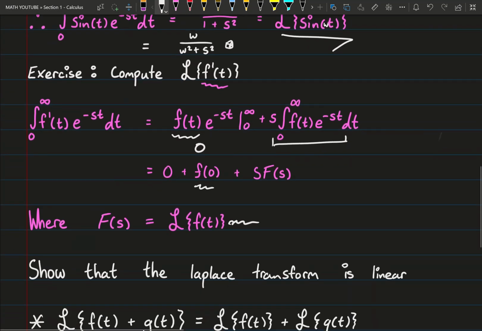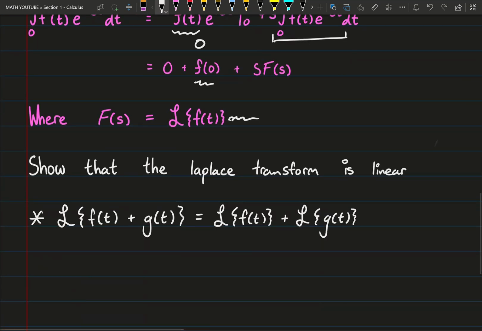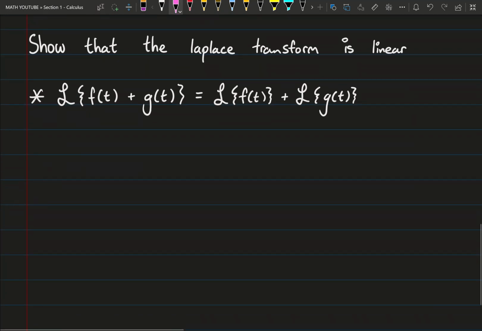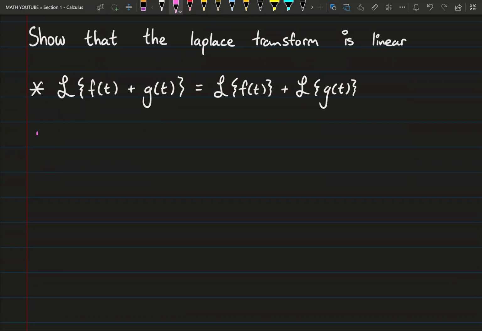Okay, so our next step is I want to show that the Laplace transform is linear, and this one I'm going to go through, so bear with me here. We are going to take the integral from 0 to infinity, it's not that hard to prove this, of f of t plus g of t multiplied by e to the minus st dt.